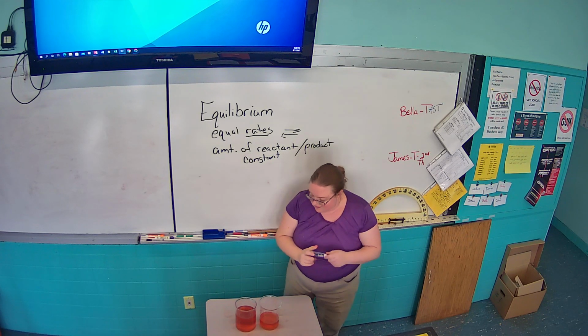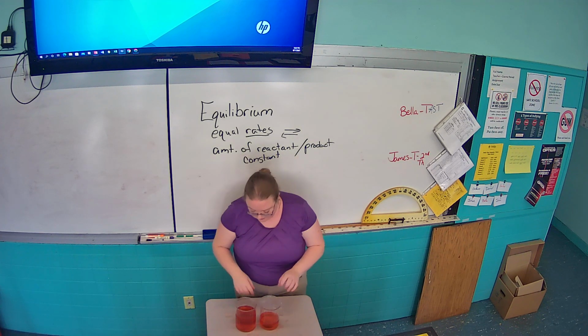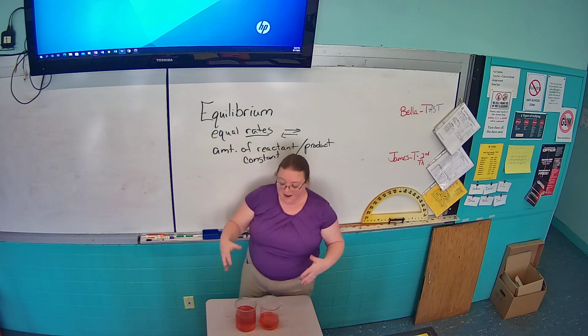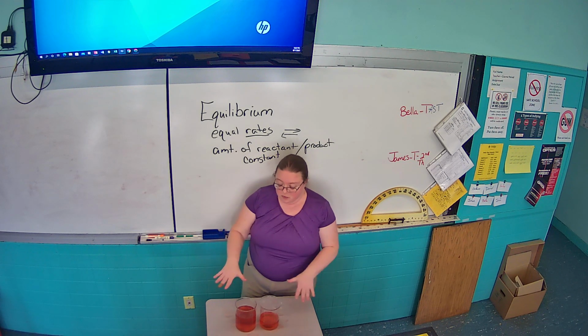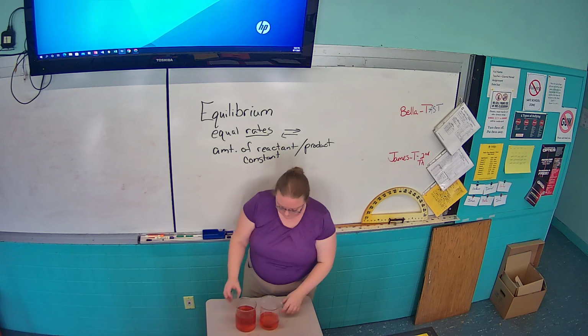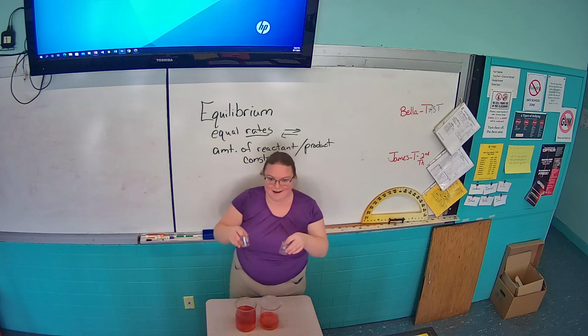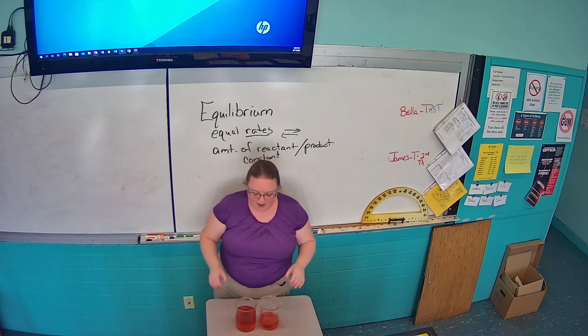Now, this demonstration isn't perfect for a couple of reasons. One of which is you can probably see that I'm spilling water on the table as we're doing this. But even if I wasn't spilling, the amounts wouldn't stay exactly the same forever, because some water is evaporating into the air. Also, my fingers are kind of getting into the beakers a little bit, and I might not be able to get exactly equal scoops each time.